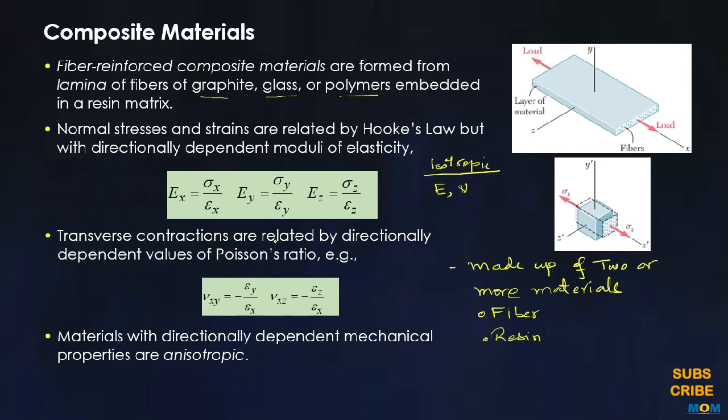Transverse contractions are related by the directionally dependent value. So similarly for this material we have the three values of nu xy, nu xz, and nu yz. Materials with directionally dependent mechanical properties are anisotropic. So the material which is independent of direction is isotropic, and which is direction dependent is known as anisotropic.